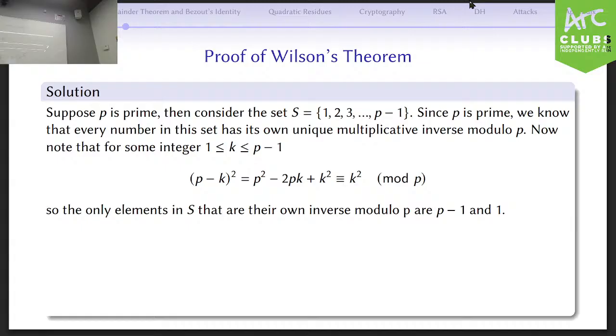And if you take K equals P minus 1, you have 1 squared as congruent to P minus 1 squared in mod P. And so basically from this, what we can note is P minus 1 squared is congruent to 1 in mod P, and 1 squared is congruent to 1 in mod P. Now, if you guys remember this, this is what defines modular inverses.